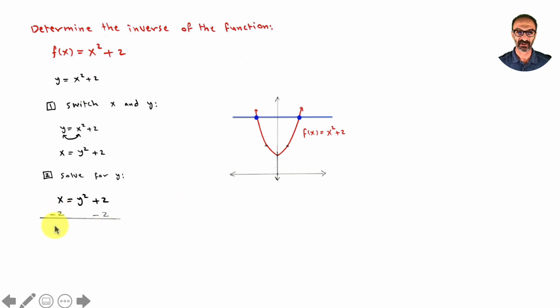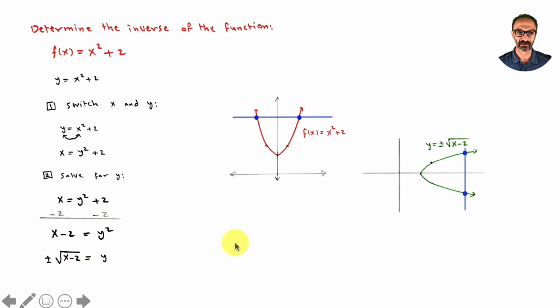That will give me x minus 2 on the left and y to the second on the right side. We're going to apply the square root. Don't forget the plus minus. So I have plus minus square root of x minus 2. Graph this. That's a shift to the right side, 2 units, of positive square root of x minus 2 and negative square root of x minus 2.